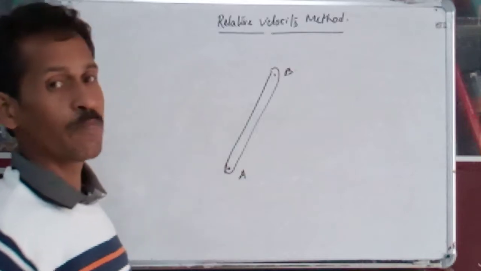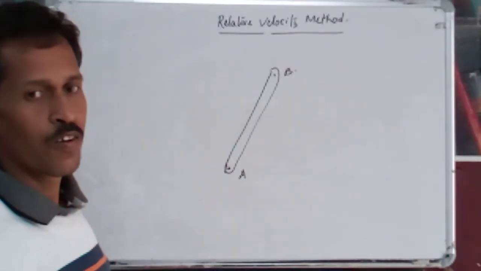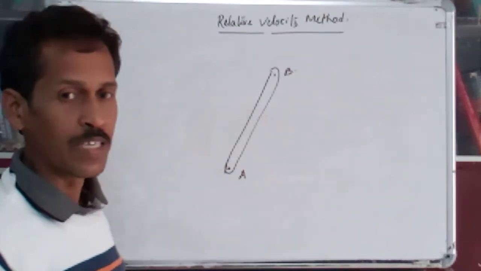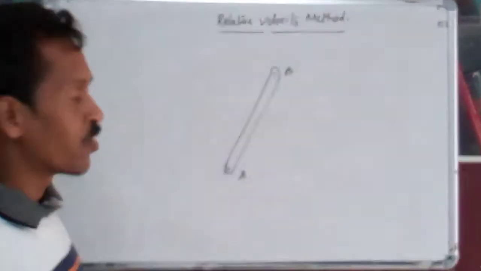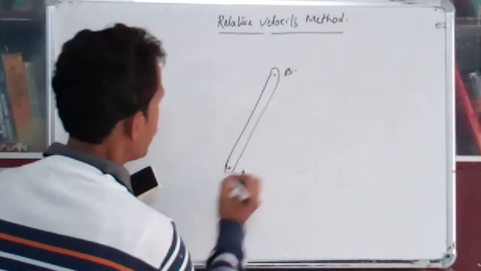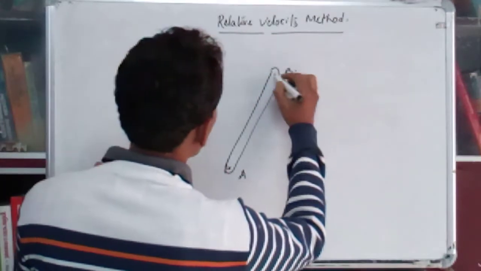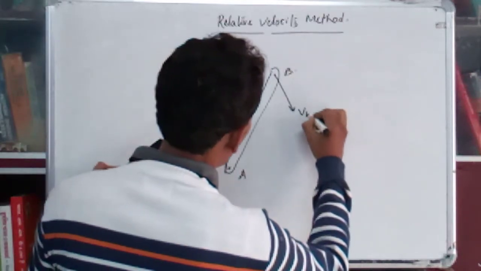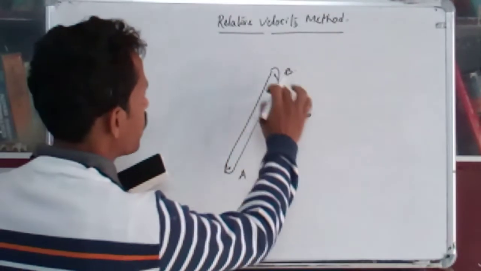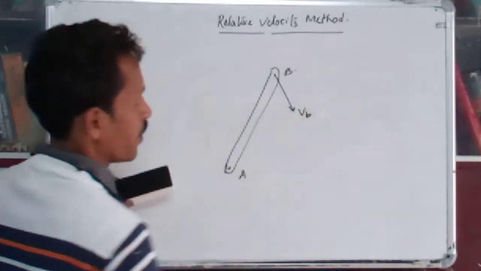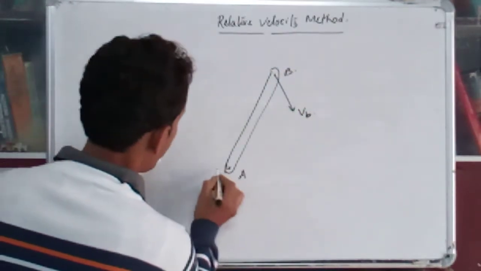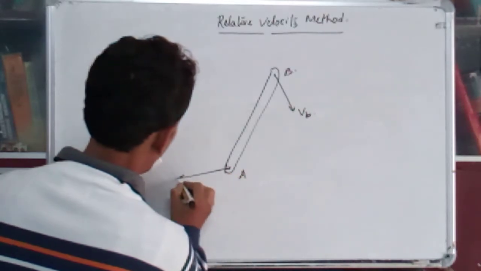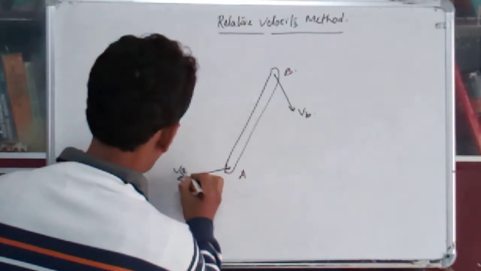We need to find the relative velocity of B with respect to A, or of A with respect to B. Suppose the velocity of point B is VB and here VA.